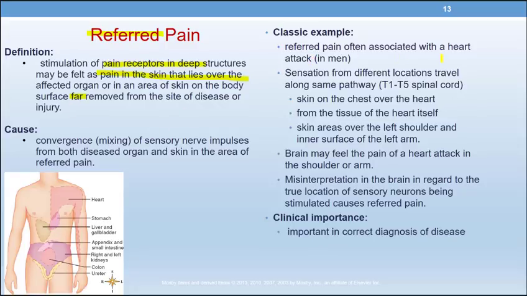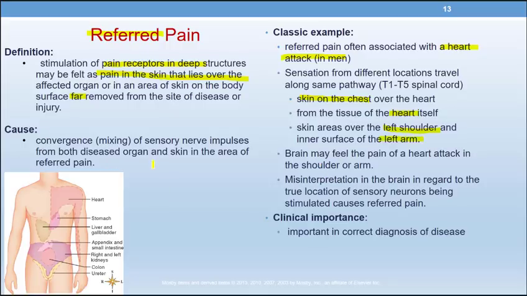And so a good example of this would be a heart attack, in particular in men, where they can present with, even though their heart is actually undergoing what's called ischemia or lack of oxygen to part of the heart, they can feel it over the skin of their chest. They can feel it within the heart itself, but they can also feel it in their left arm and in their left shoulder.